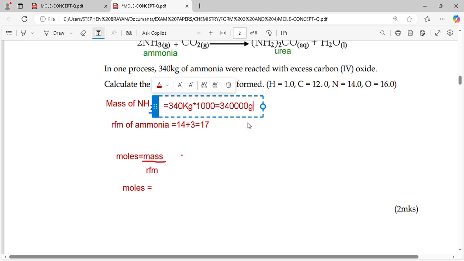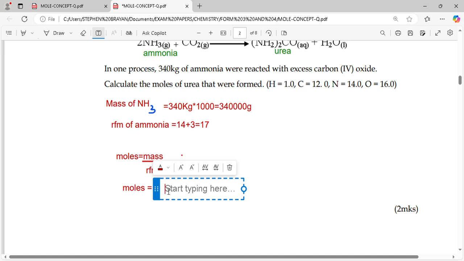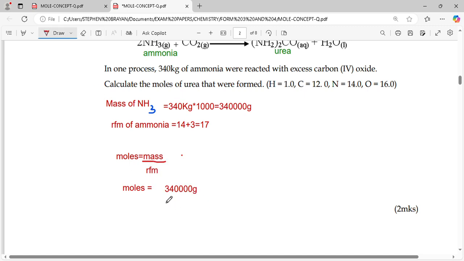Now you can work it out with this 17. So our moles is our mass, 340,000 grams, over our RFM, which is equal to 17. We can now get the number of moles from there.